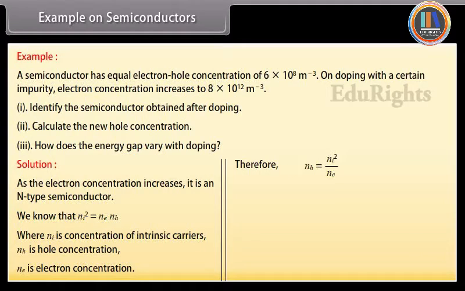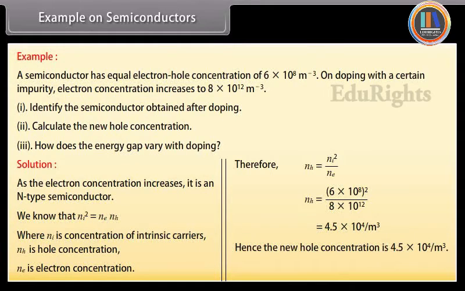Therefore, NH is equal to Ni² divided by Ne. On putting the values, we get NH equal to 4.5 × 10^4 per meter cube. Hence, the new hole concentration is 4.5 × 10^4 per meter cube. With the doping, the energy gap decreases.